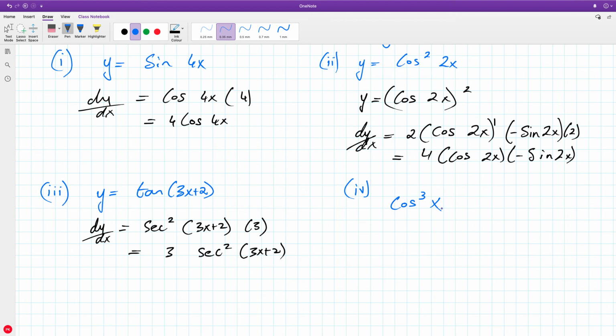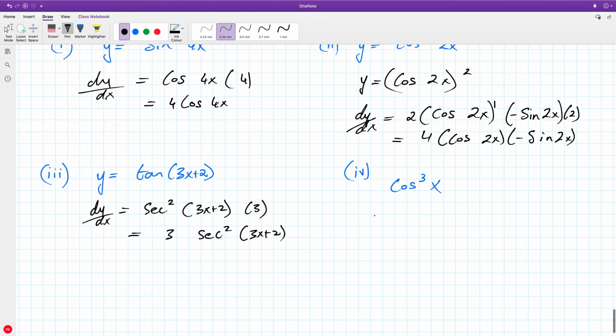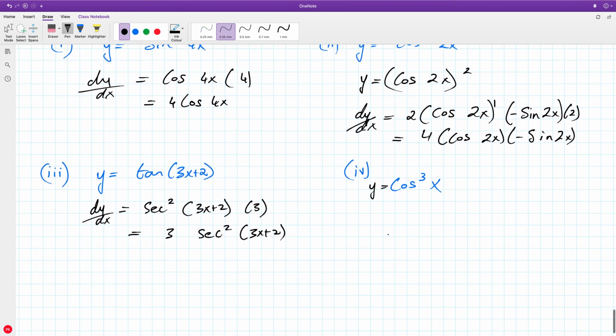Well, Faye, what do we get? Sounds right to me. Let's look at it. If y is equal to the cos cubed of x, that's also the cos of x, all cubed.